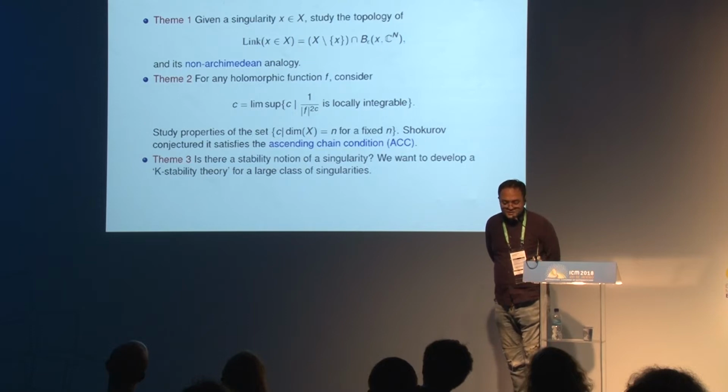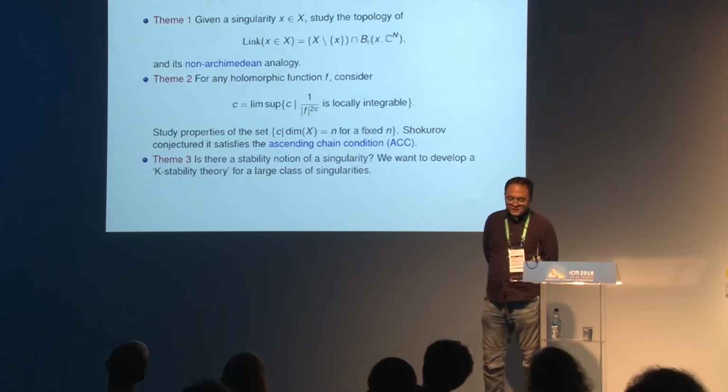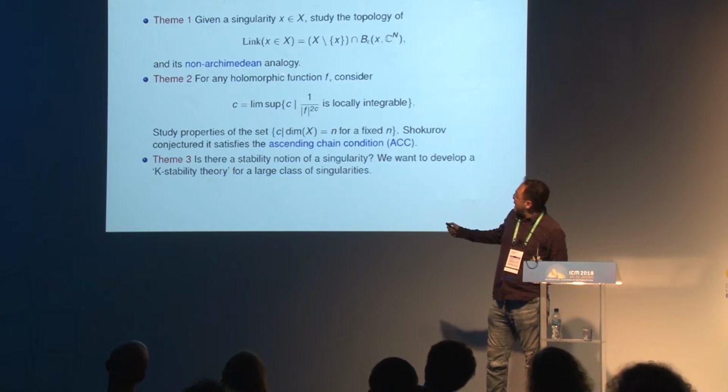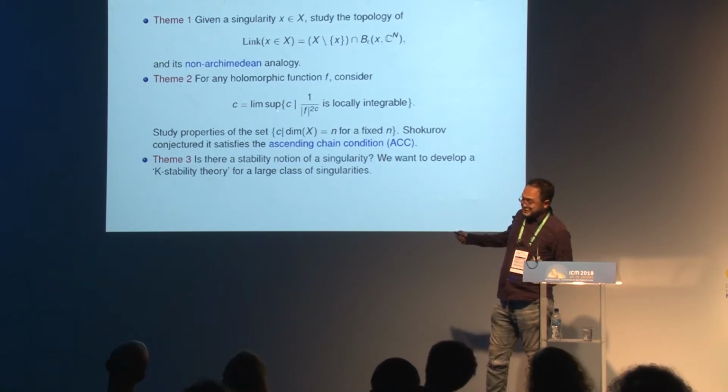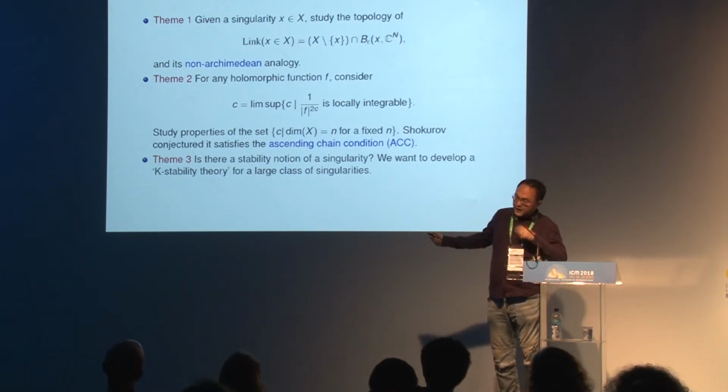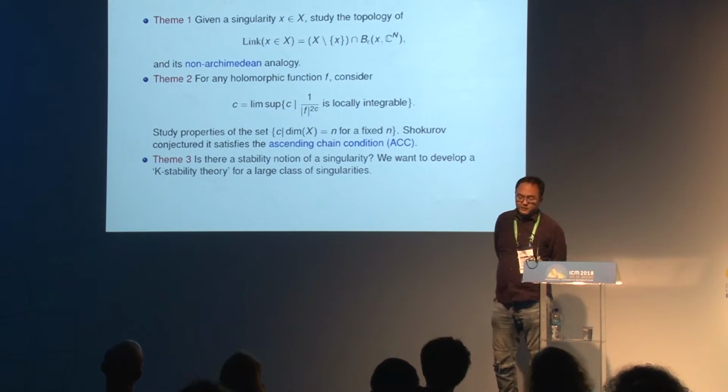Theme 2 is where we study this kind of question. For a holomorphic function f, I consider the number c defined as the lim sup of such c that 1 over |f| to the power 2c is locally integrable.